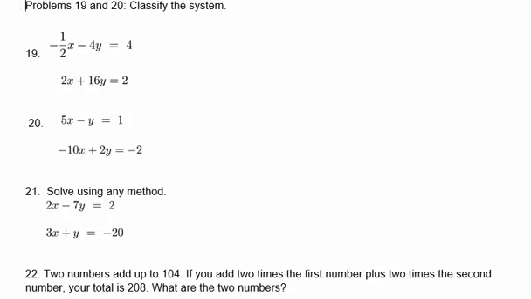If we're asked to classify a system, then we're really going to determine if the system is consistent or inconsistent. And then consistent systems, there's a couple of options. Okay, the easiest way to tell is to maybe solve both of these equations for y, and so get them in slope-intercept form. Okay, so negative 4y is equal to 1/2 x plus 4.